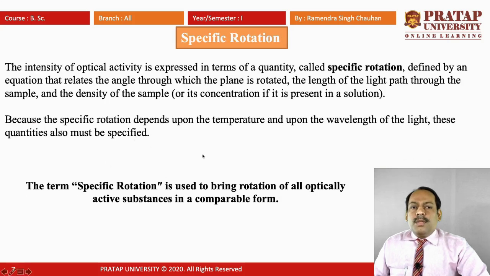Now we will talk about one term related to optical activity, that is specific rotation. The intensity of optical activity is expressed in terms of a quantity called specific rotation, defined by an equation that relates the angle through which the plane is rotated, the length of the light path through the sample, and the density of the sample.